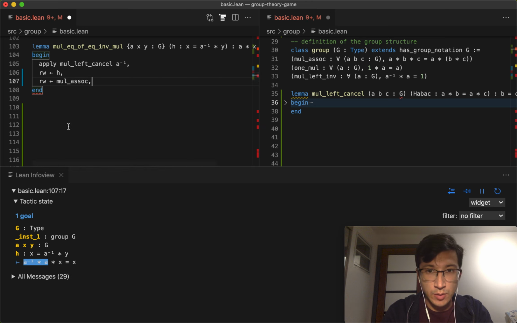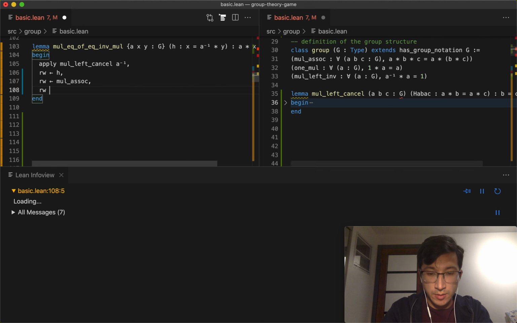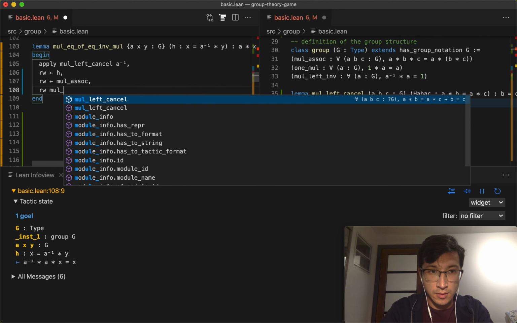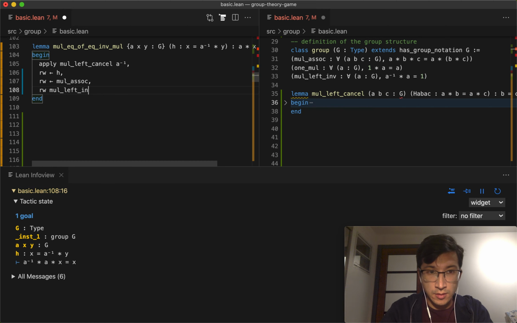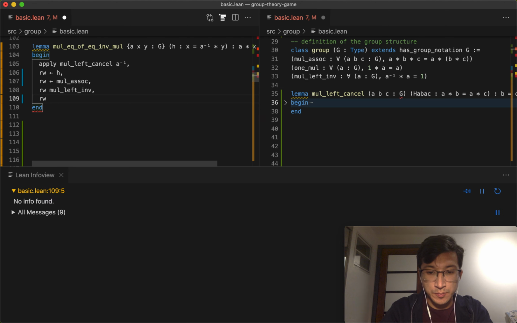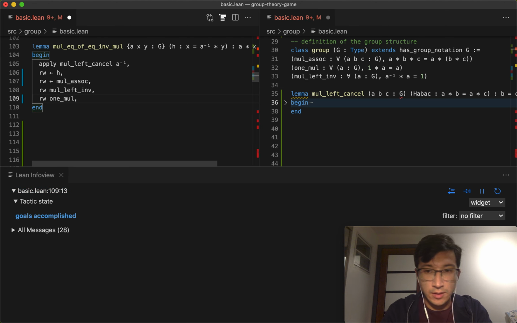And now we can finally apply mul_left_inv. This will be in the right direction. And now we can apply one_mul, again in the right direction. And as we can see, now we have our goals accomplished.